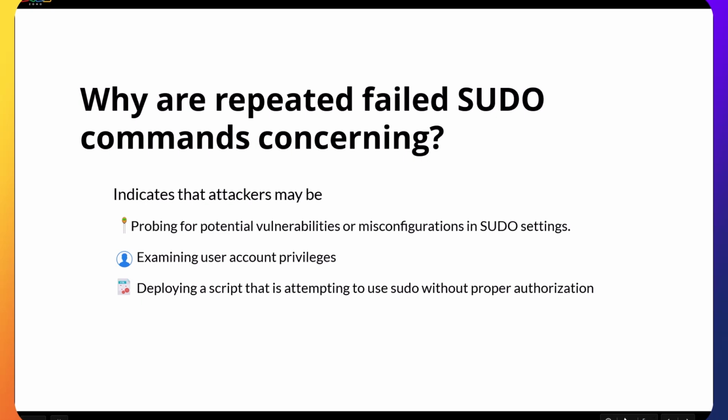Also, attackers might be probing for sudo misconfigurations or vulnerabilities by repeatedly trying different commands. They do this to identify any weaknesses that could be exploited to gain elevated access. In some cases, repeated failed sudo commands might be part of an attempt to enumerate valid user accounts to understand the privileges these accounts have.